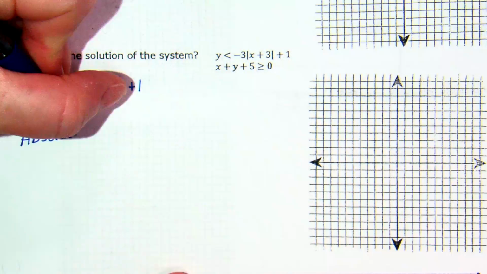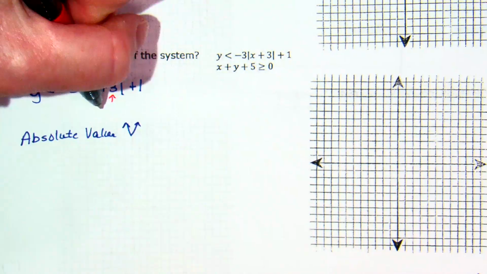Now, what are the pieces in this equation telling me to do with the V? The plus 3 in the parentheses, left to right, opposite the sign, so that's a left 3. The plus 1 at the end is up or down with the sign, which is an up 1.